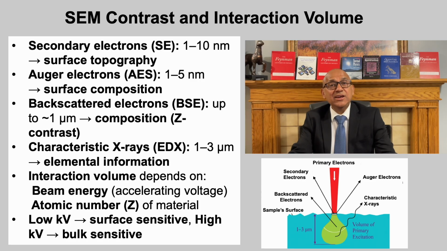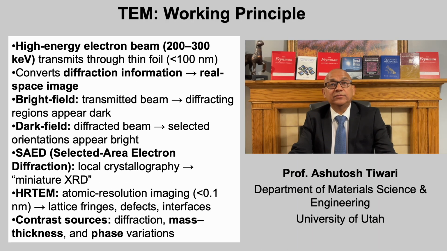Together, SE, BSE, EDX, and Auger electron spectroscopy cover a remarkable range of information, from morphology and composition to surface chemistry, showing how SEM serves as both an imaging and an analytical platform for nanoscale materials.